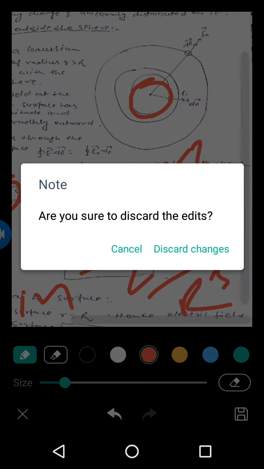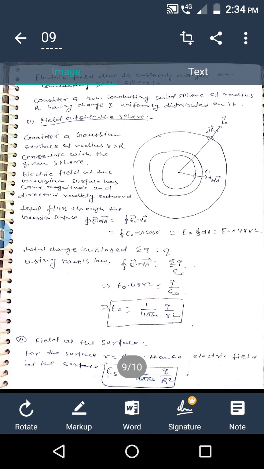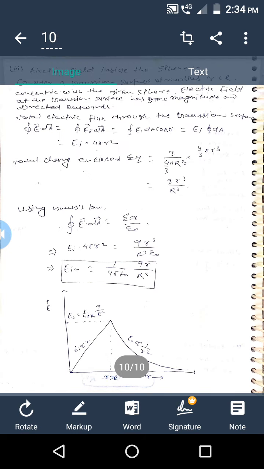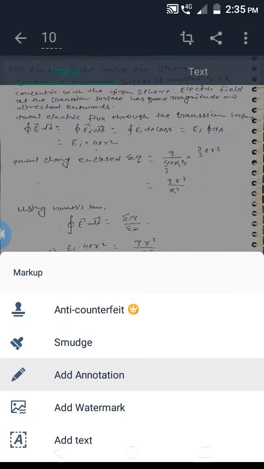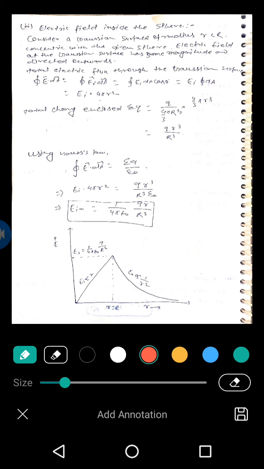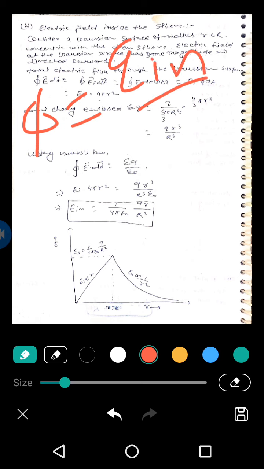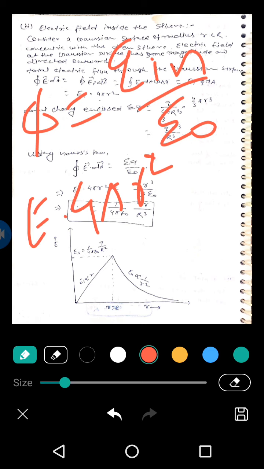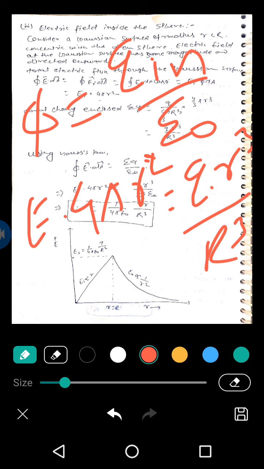Now we have to use Gauss law. Using Gauss law, the total flux through the Gaussian surface, phi, equals the charge inside the Gaussian surface divided by epsilon naught. The total flux is E into 4 pi r square, and this equals Q into small r cube upon capital R cube.